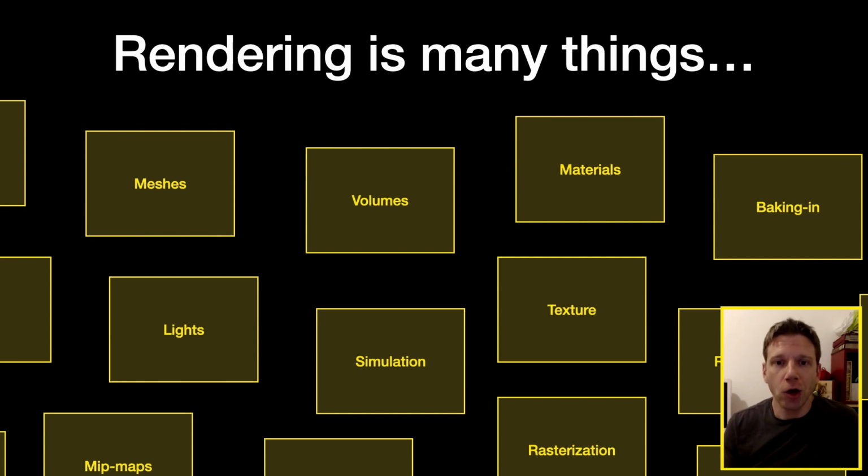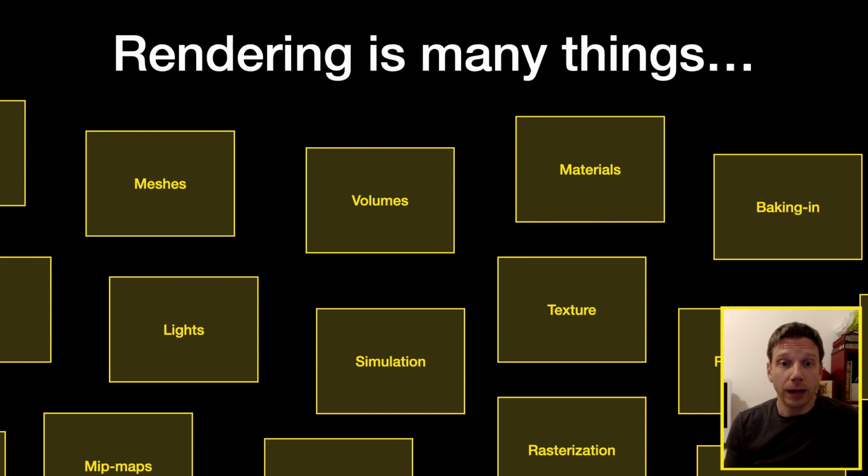A hodgepodge of things, right? At the end of the day, when you open a software suite like Maya or like Unreal Engine, all of these parts come together very nicely to create a rendering machine that we perfected for years, right?